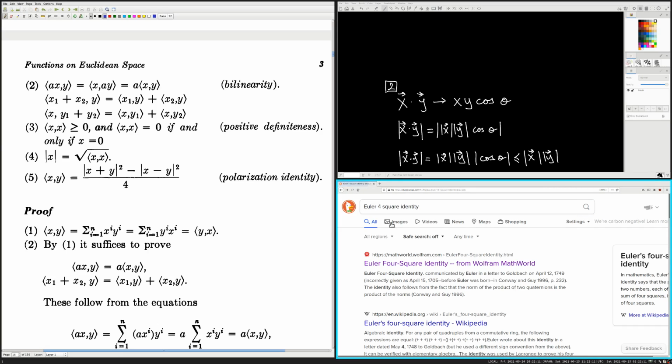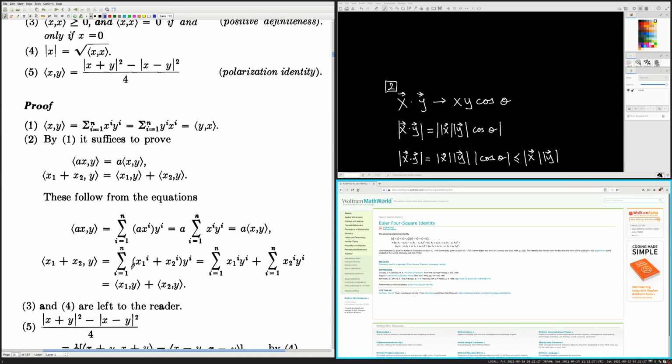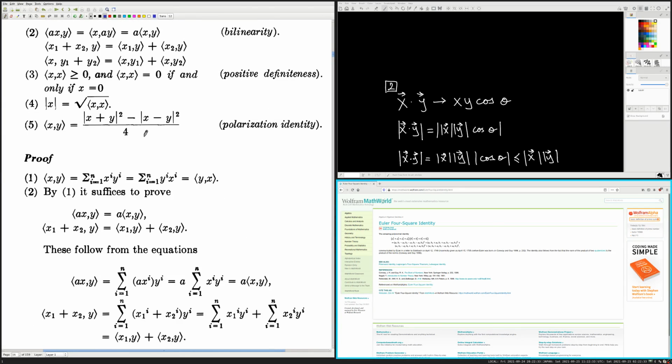Four square identity, I remember that's interesting. But yeah, you take the quadratics of x plus y, you can write that out algebraically.